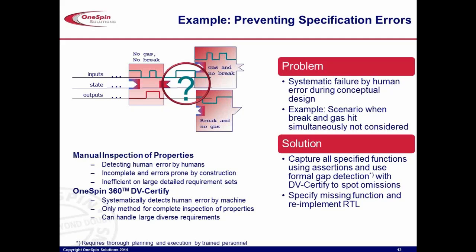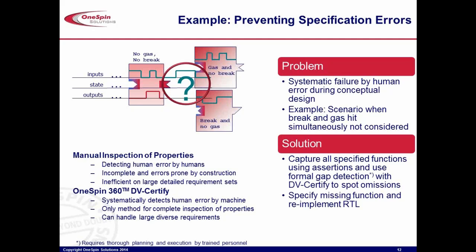And obviously there are various ways to catch this. One thing is a review. You probably have some people reviewing, and someone can spot this problem, but you are relying on humans, and it's also an inefficient process. So we saw 360 Inspect from OneSpin to do all the automated checks. We saw 360 Verify, where the user writes assertions or deals with some assertions to, for instance, prove a critical part of the design.